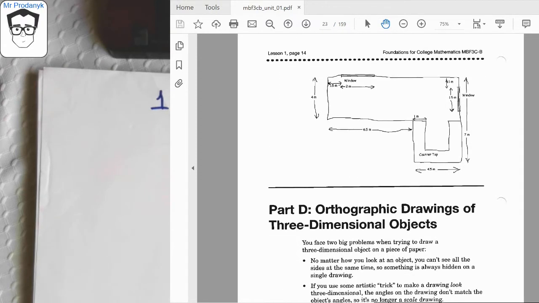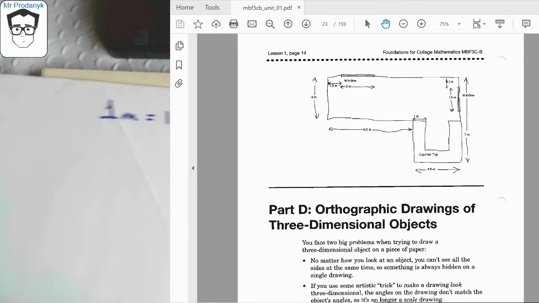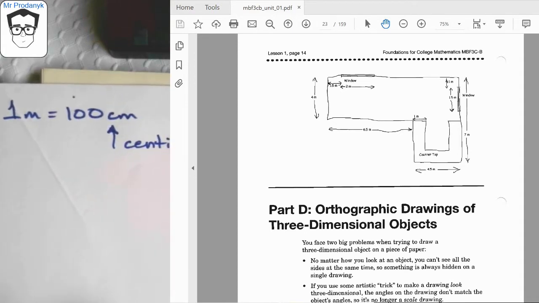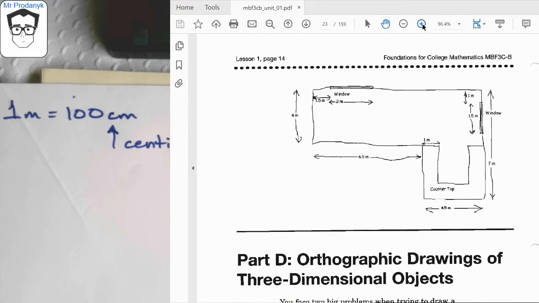So you get this drawing here now, and this was just a rough sketch, so maybe he just went into the room and did a rough sketch of the room. And now what you need to do is redraw that with a scale of 50 to 1 with a reasonable amount of accuracy.